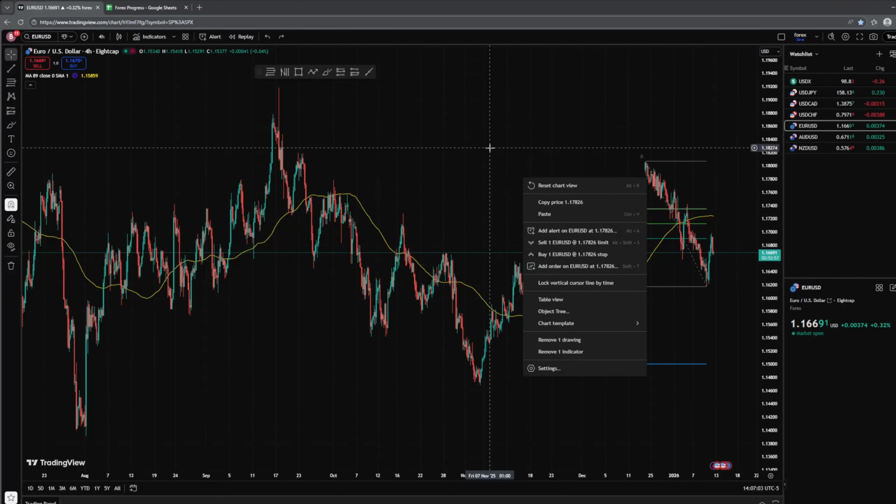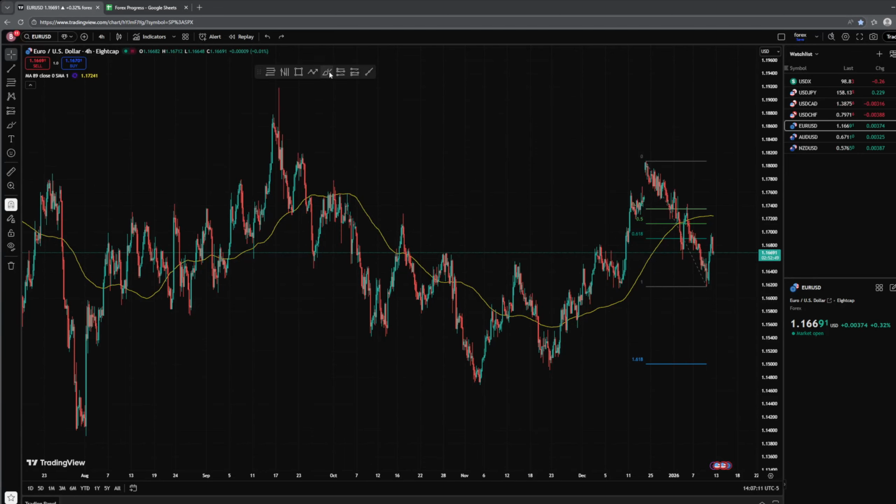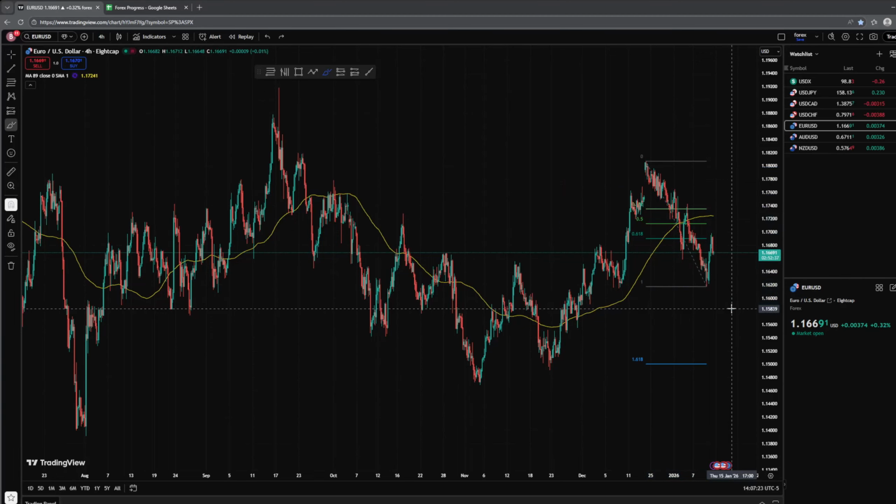Okay, let's write it down. Euro USD trend is down, leg size is nice. For the last several days I had a buy position open on Euro USD. Since the trend has reversed in the last few days, I have closed my buy positions on Euro USD.